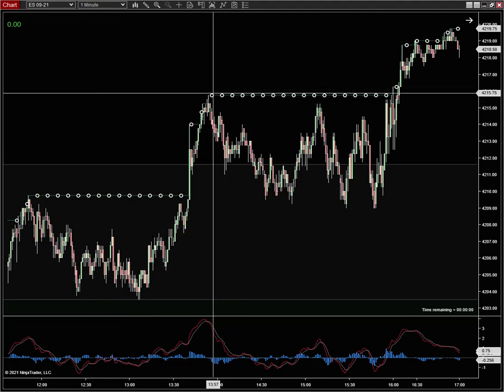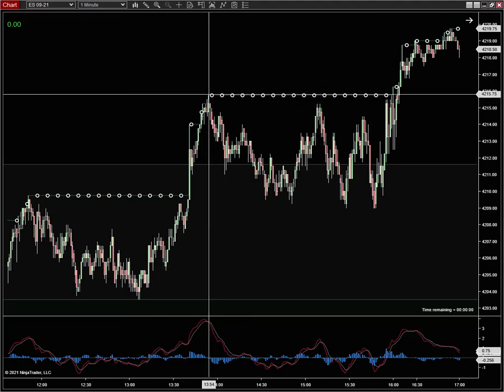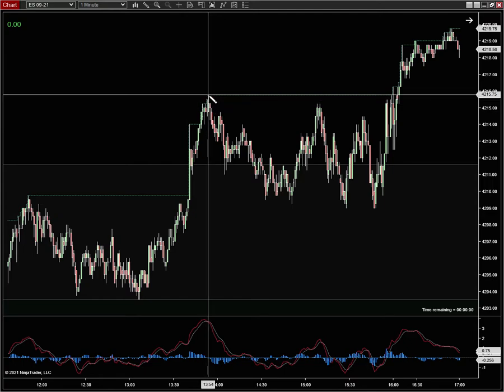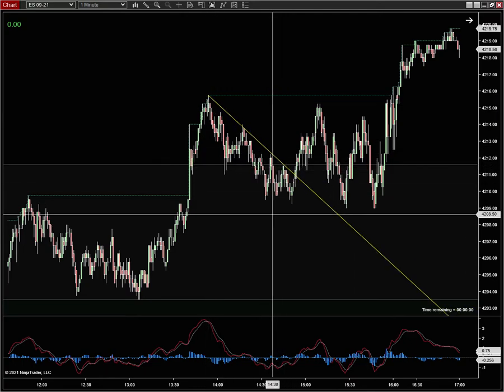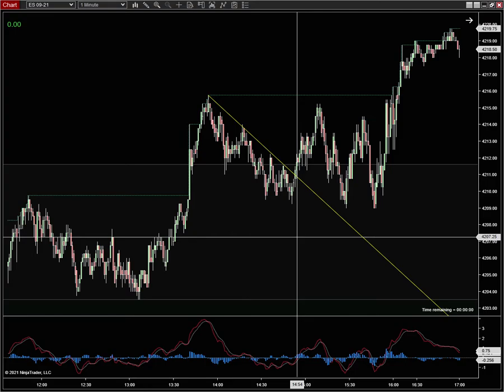Here's a move up. This is a little aggressive for a reverse micro trend, but there's the trend down and the break to the upside. Bang.